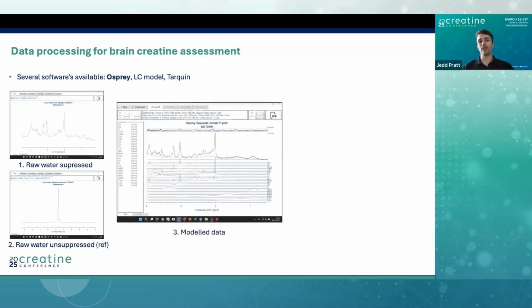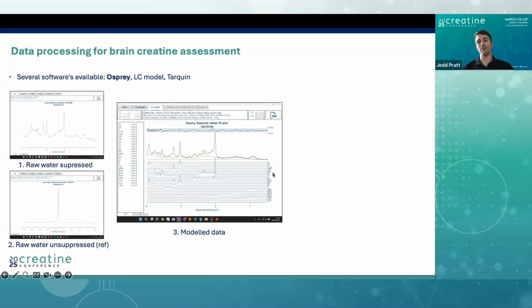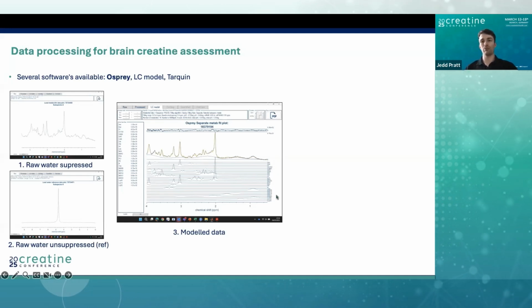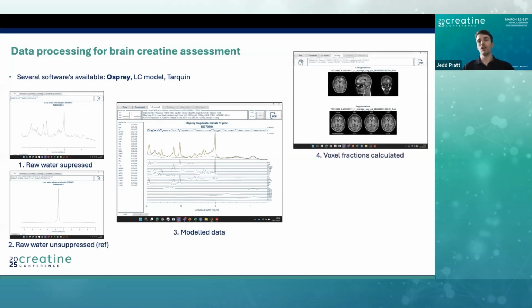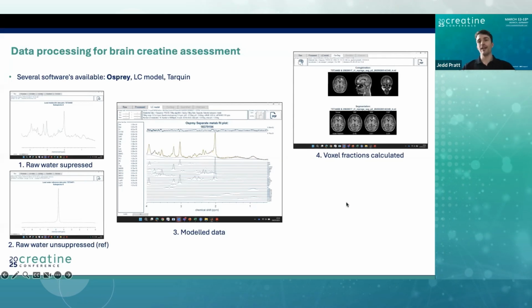The next step would then be for the software to run the modeling of our signals. And so you can see the modeling is beginning to separate the peaks from each of the different metabolites. Our metabolites are down along the blue lines here underneath that initial spectra. And this will allow us to start to distinguish what each of these metabolites is. Another important factor you can see on the top right hand side of the image is our structural data.